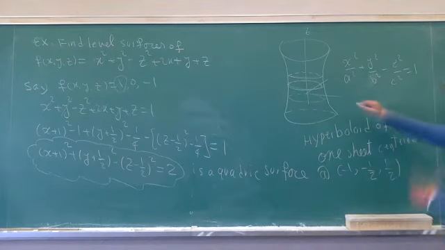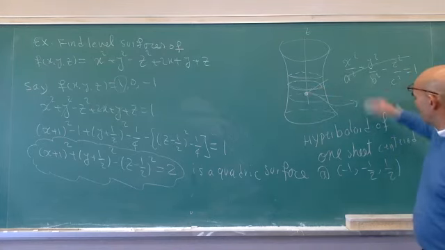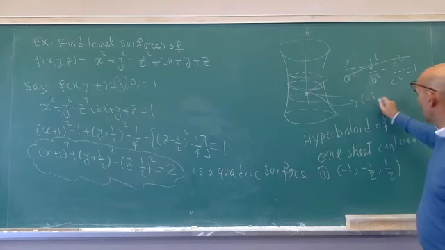So it just means that this point is not really the origin. This is the point now: -1, -½, ½.